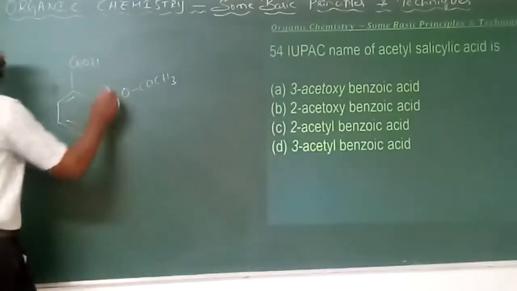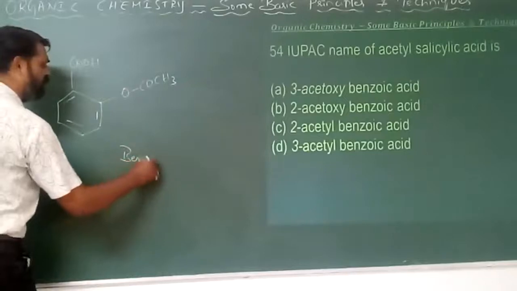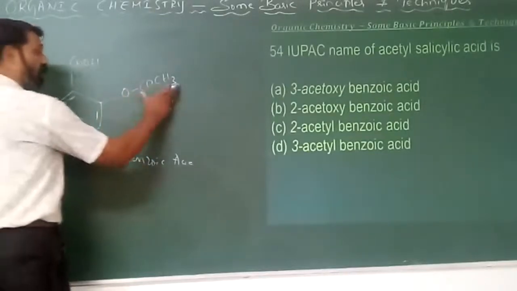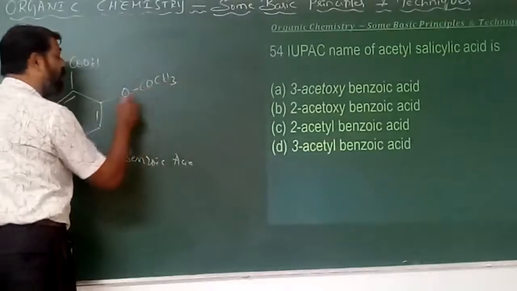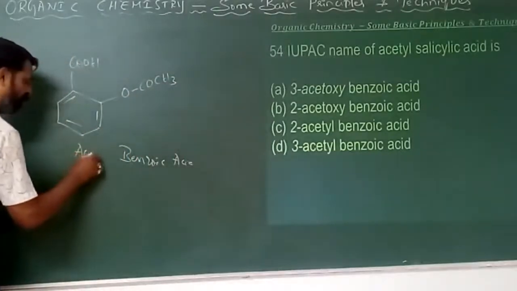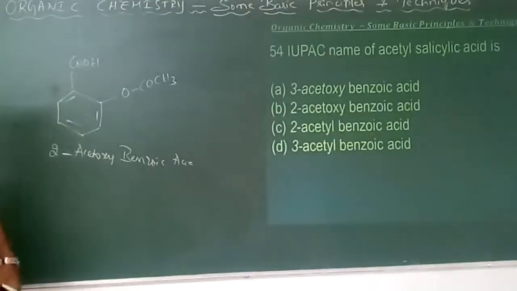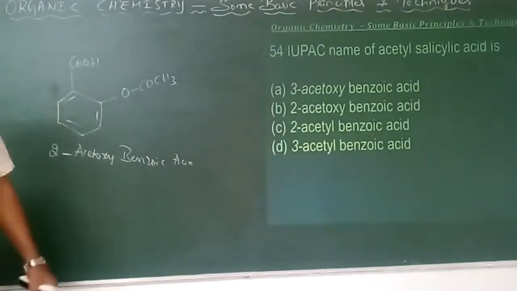So here, first benzoic acid is the main thing. This group is called acetyl, and acetyl-oxy is called acetoxy. It is present at position 2. Therefore, it is called 2-acetoxy benzoic acid.